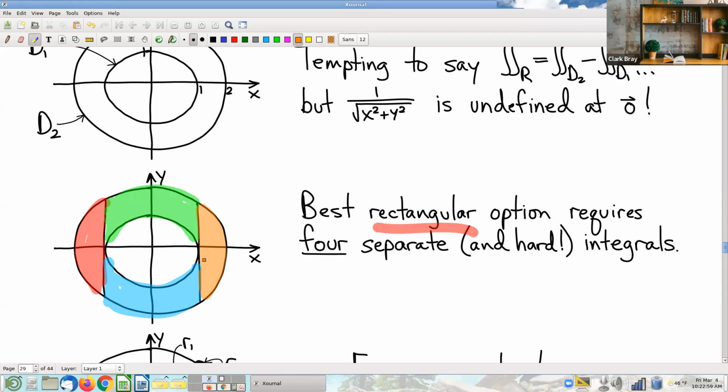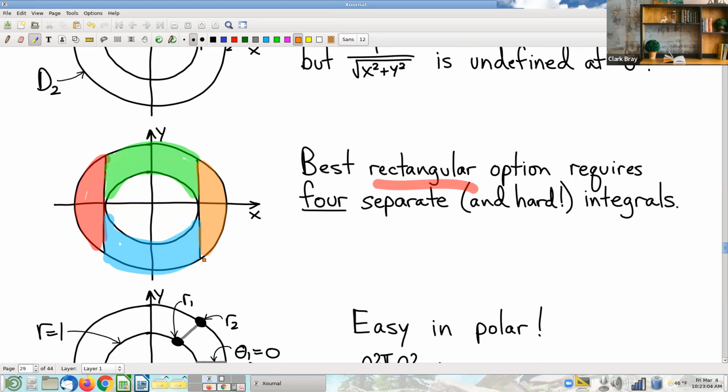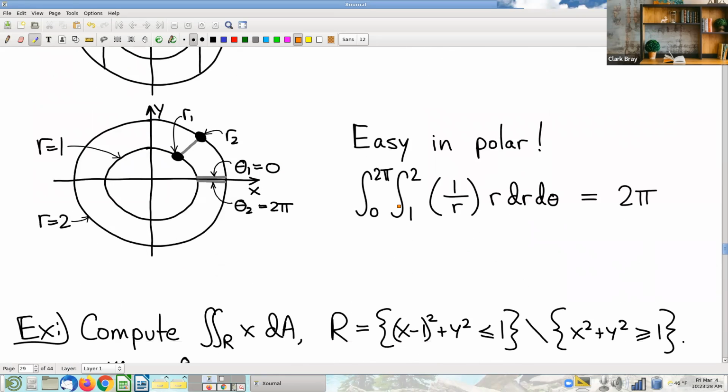And furthermore, there is the little matter of the fact that doing it this way, having these 4 separate regions, our bounds are going to come from circles, in particular the rectangular equations of circles, in which I will have to solve for one of the variables. I'm going to have square roots. So these are 4 hard integrals. So let's call that plan B, right? Hopefully we won't have to do that. So the much easier solution is to do it in polar coordinates.